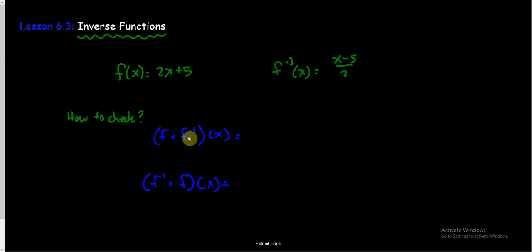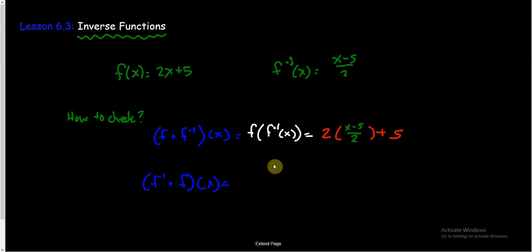So let's see, if I rewrite this, f is the outside function and f inverse is the inside function. So let me start with writing f as 2 blank plus 5, and then we'll throw the f inverse in the blank, x minus 5 over 2.